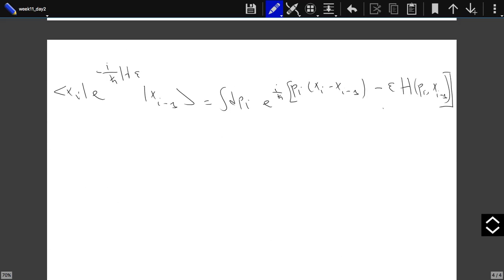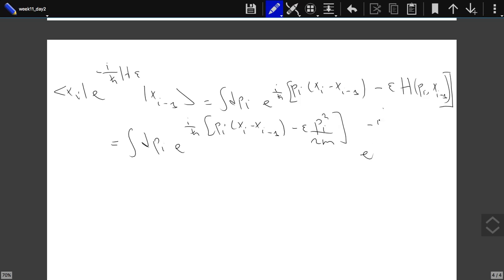So this becomes dpi e to the power i over h bar, let me write, pi xi minus 1 minus epsilon pi squared over 2m, times e to the power minus i over h bar V of xi minus 1 times epsilon. I don't need to worry anymore about the commutations. Again, I repeat, these are just numbers, ordinary functions. That's kind of the nice thing about these path integrals. So you don't need to worry about the operators.